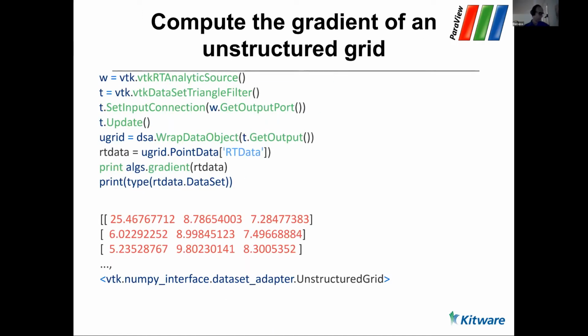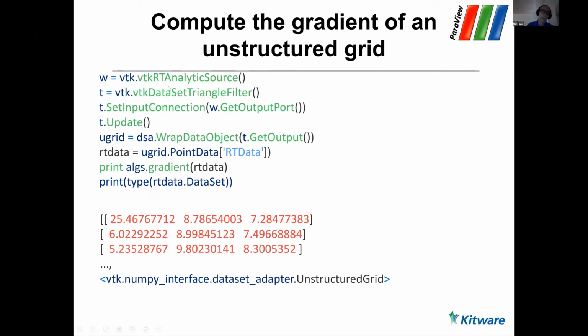So let's see. We have another example here. This shows you that we have a number of algorithms in VTK where some of the algorithms match the names of algorithms in NumPy, but they are more powerful. So let's look over this example.